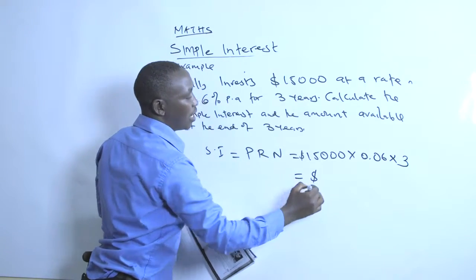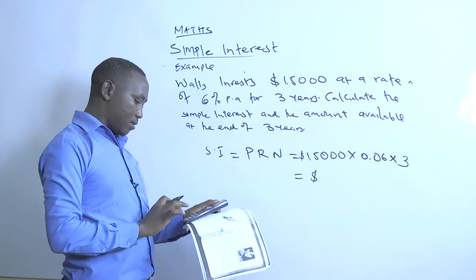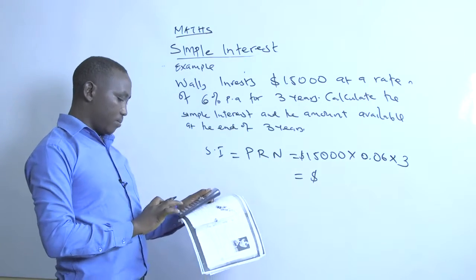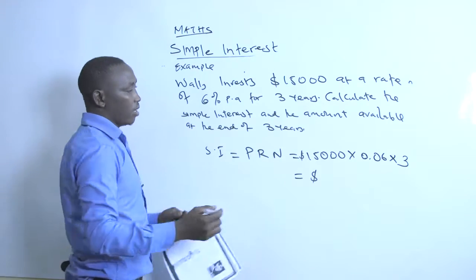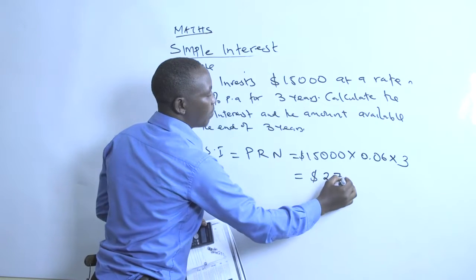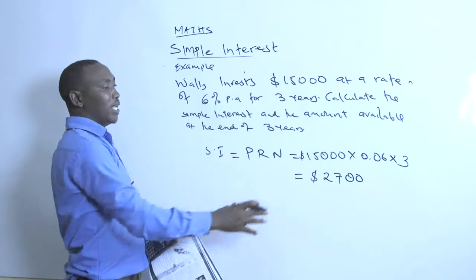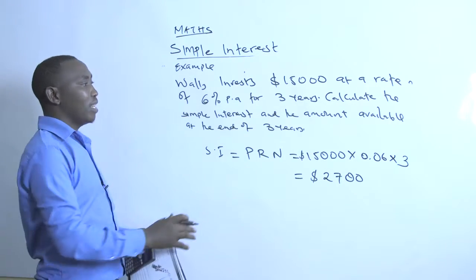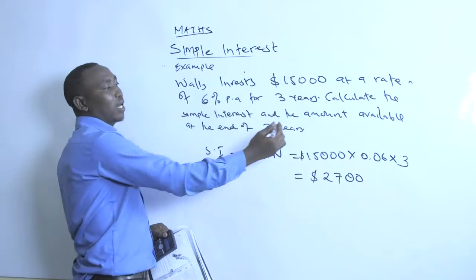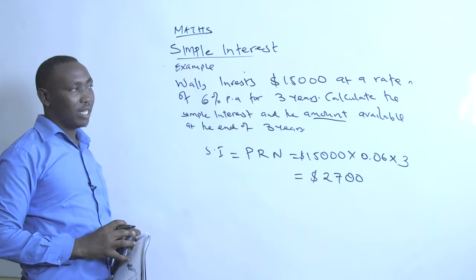This will give us a total of $2,700. So this is the interest that will accrue for 3 years. The other part of the equation wants us to calculate the amount that is available at the end of the 3 years.